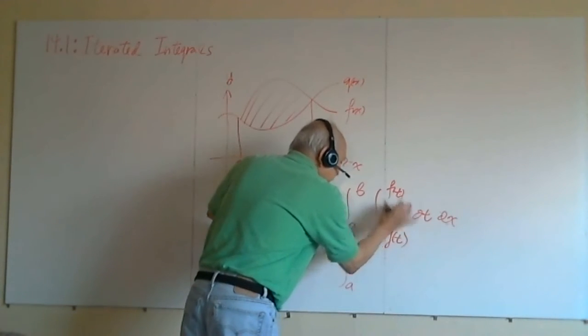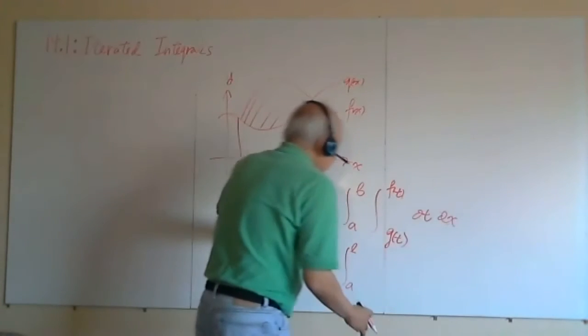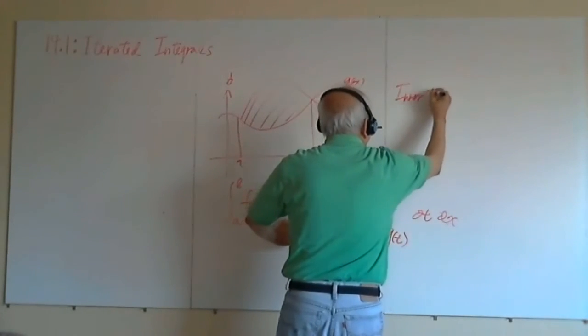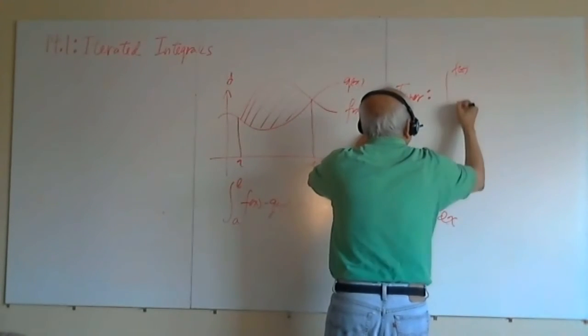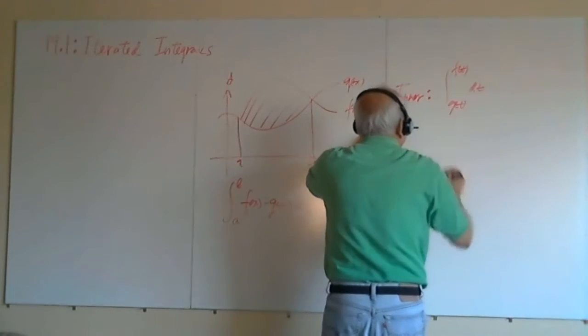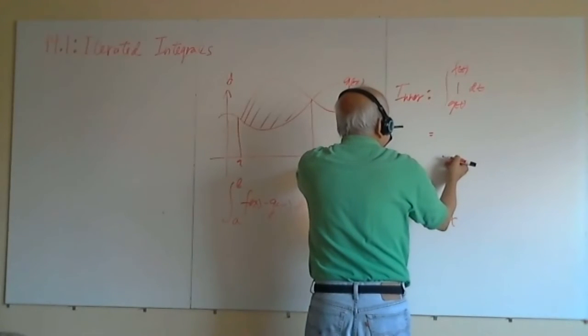Right. So if I am solving the one that's inside here, with limits F(x) and G(x), dt, this one here is 1, am I correct?